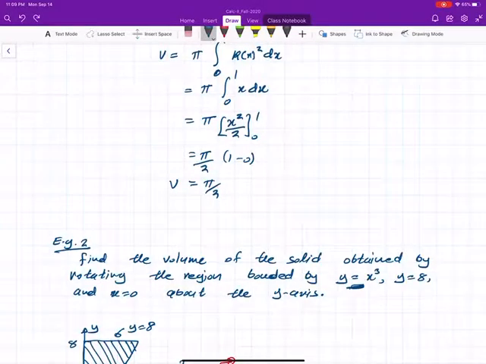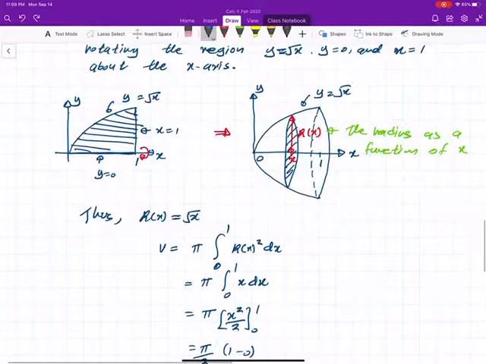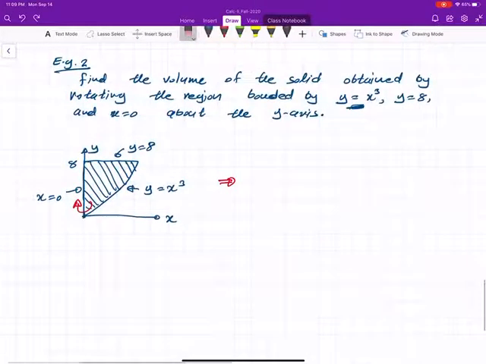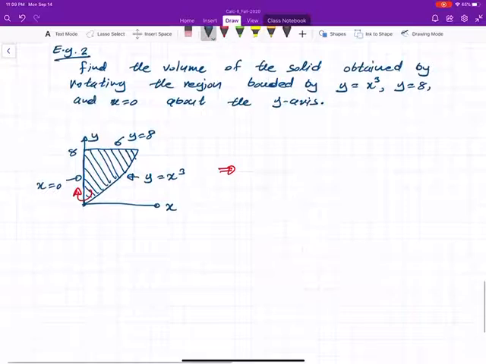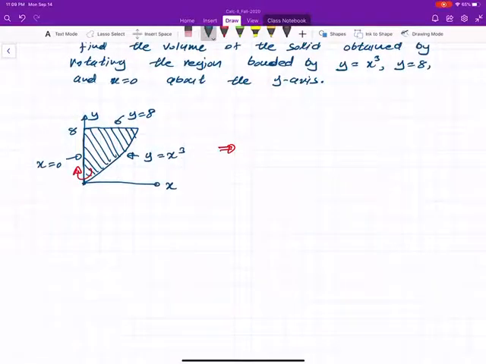But this paraboloid is symmetric about the y-axis. That is x. This is y.